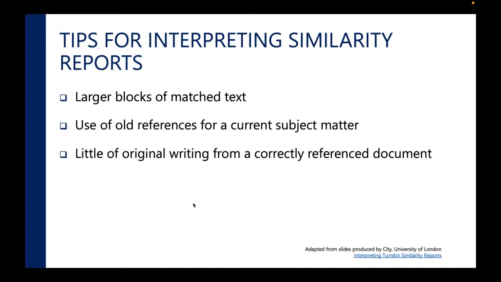But if none of these are available, and it's just that the content has been correctly referenced and everything is in there, but there is no reflection or their own original writing, then again, that may also be a red flag. It's something to note that the file possibly may have been copied from somewhere or bought from somewhere or whatever else, but it may be that they're trying to trick the system.